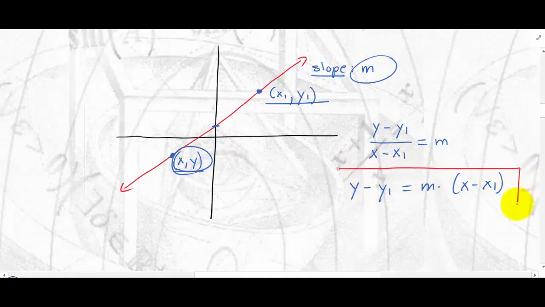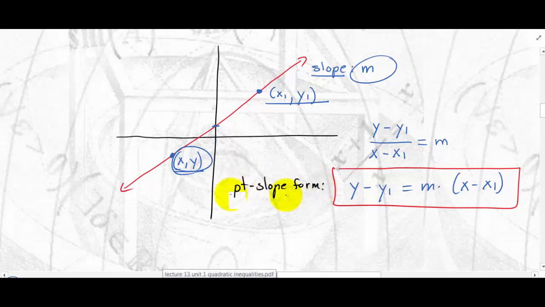So let's multiply both sides by x minus x1, and we have y minus y1 equals m times x minus x1. And this, guys, this is called the point slope form of a line. Point slope form, and this is the most common way to write the equation of a line.